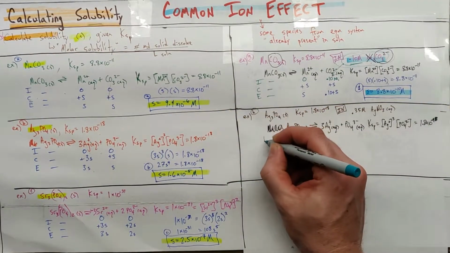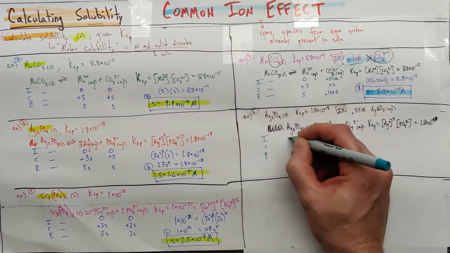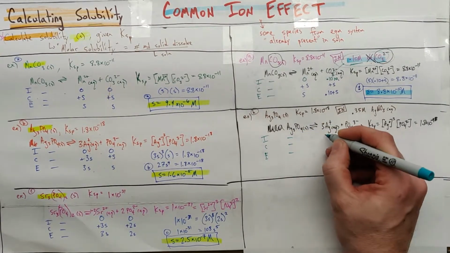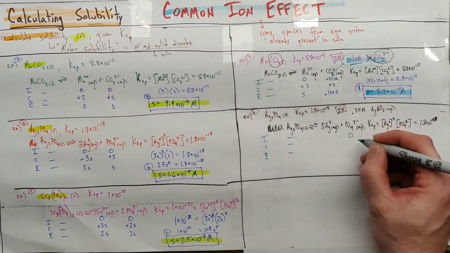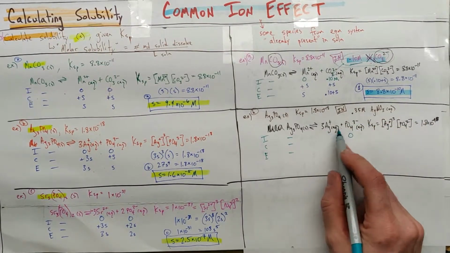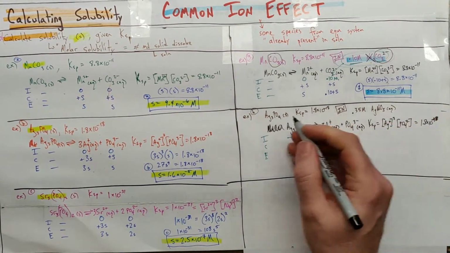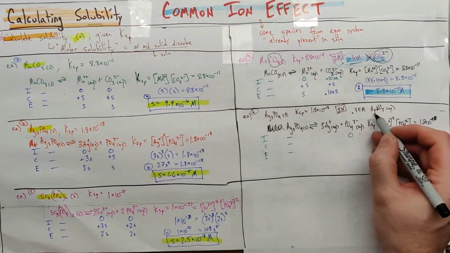All of this is right here, and it's exactly the same. We're still going to do an ICE problem, and we're still not worried about the stuff that we have there. And we still don't have any of this, but now we've got some of that silver, and that is 0.35. Ag3PO4, AgNO3.